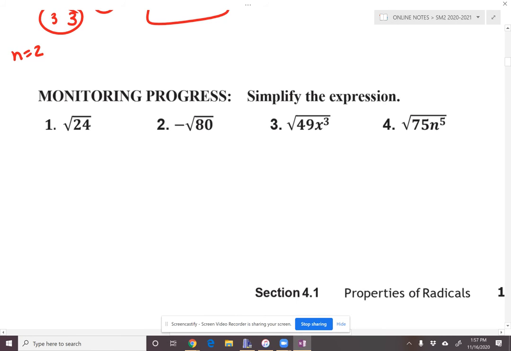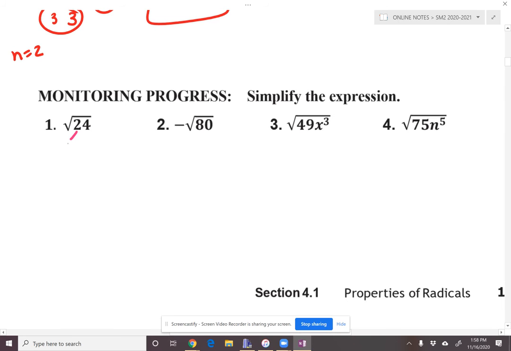Hopefully you paused. Someone's going to ask, Miss Bustle, does it matter how you break it up? It doesn't, as long as your multiplication is right. As long as you're not making up your own times tables, it doesn't matter. Like 24 can be 3 times 8 or 4 times 6. No matter what, if you go all the way down to the very end, you're going to get to the same spot.